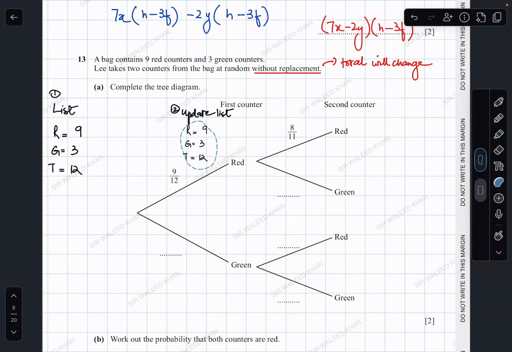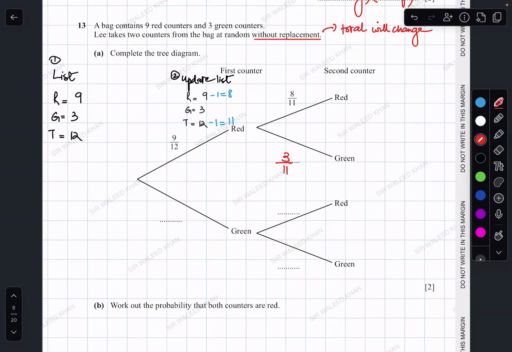Now that one red counter is gone, I'm left with 8. And obviously, if a red counter is excluded, then the total is also affected. So total counters in the bag are now 11. So the second counter will be 8 by 11, and the second green counter will be 3 by 11. So is the case for the second branch.